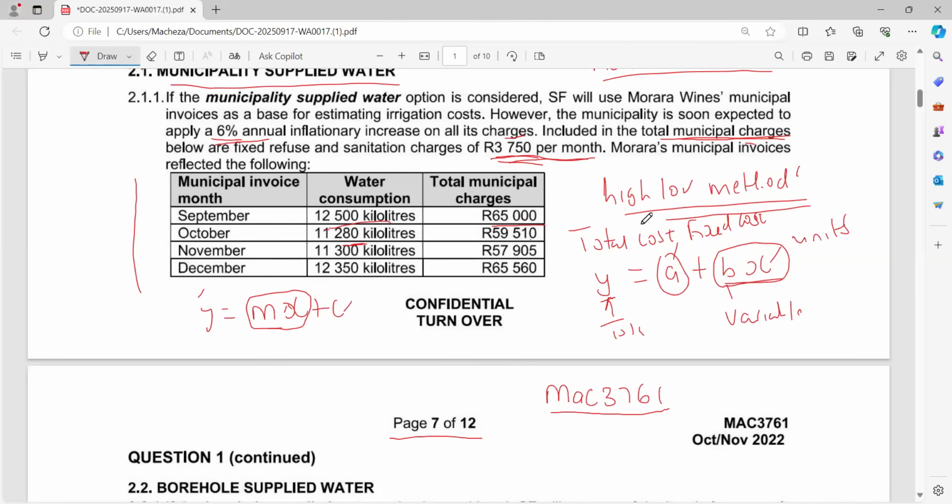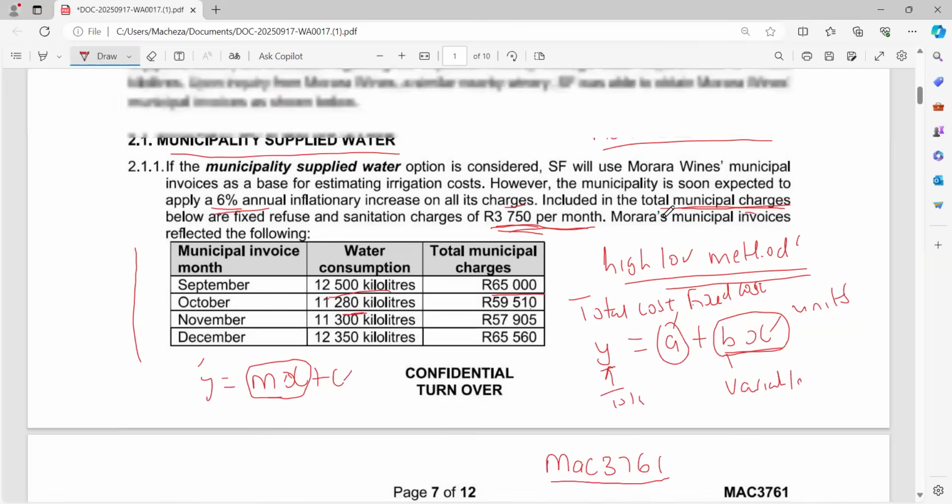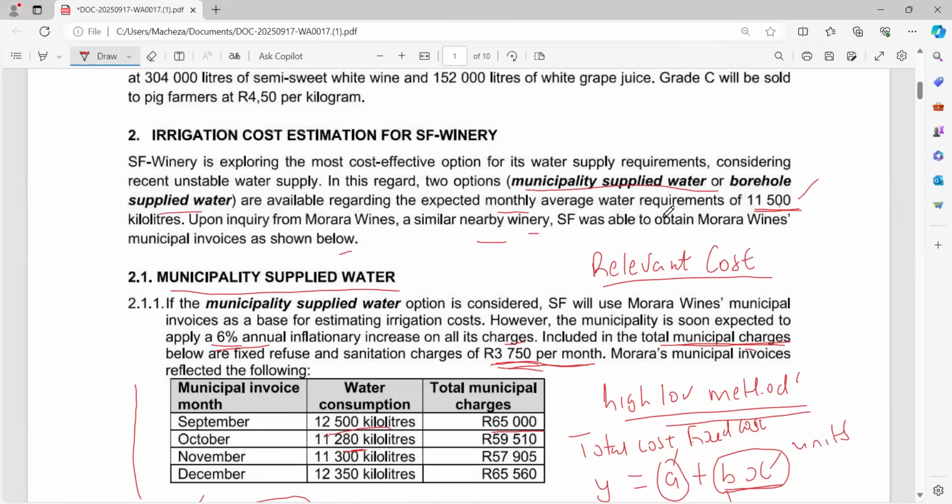The reason why we want to separate the variable is that this 11,500 is a variable cost, so you need to determine the variable cost per unit so that you can multiply it by 11,500. That's the main reason why you have to separate them.